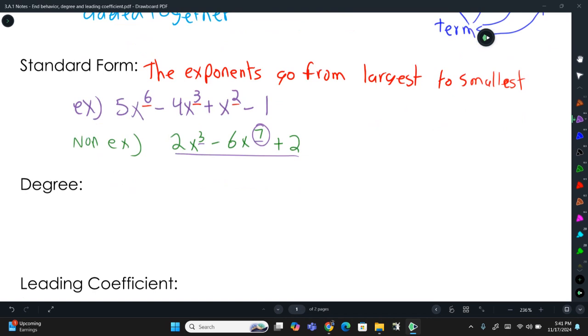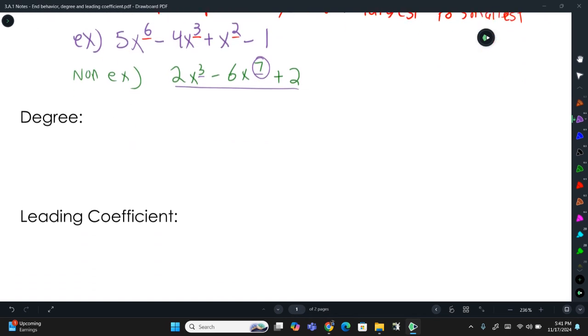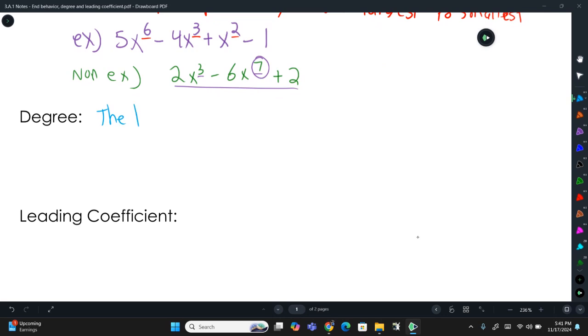Now, the degree of a polynomial function is the largest exponent in a polynomial when written in standard form.